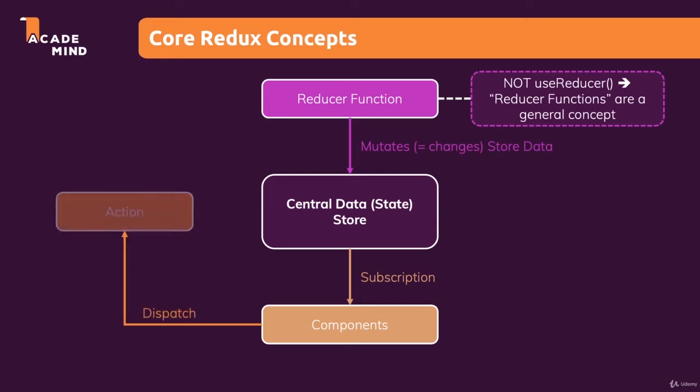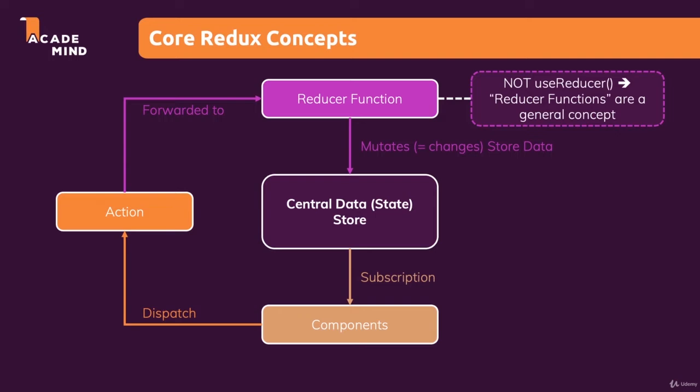We have actions, and components dispatch actions. And therefore, we could also say that components trigger certain actions. Now, an action is really just a simple JavaScript object which describes the kind of operation the reducer should perform. Therefore, Redux then forwards actions to the reducer, reads that description of the desired operation, if you want to call it like this, and then this operation is performed by the reducer.